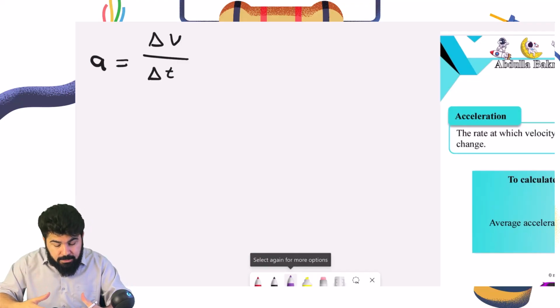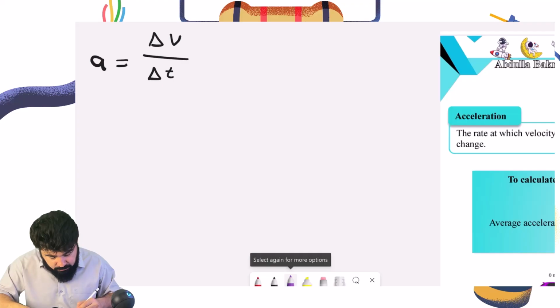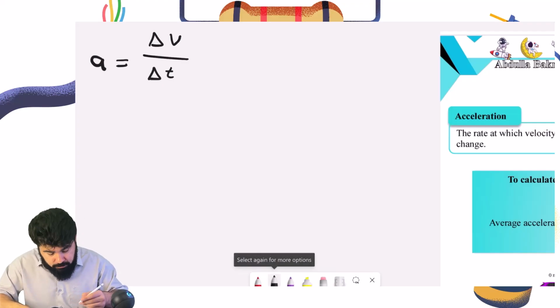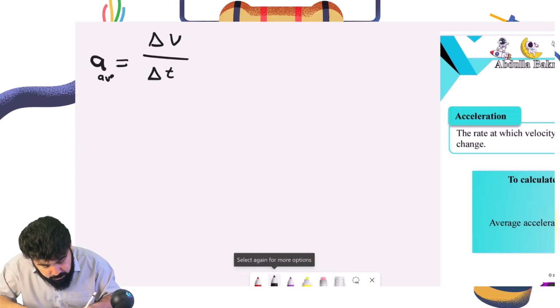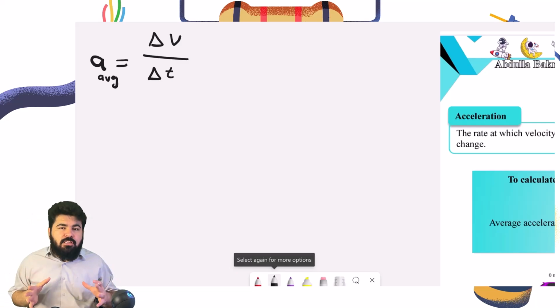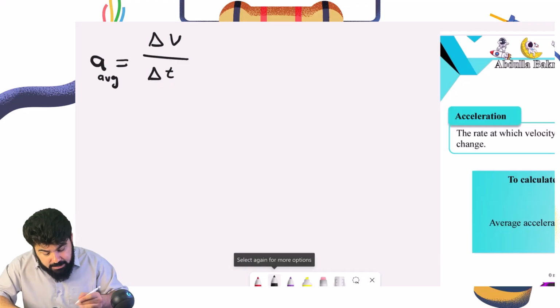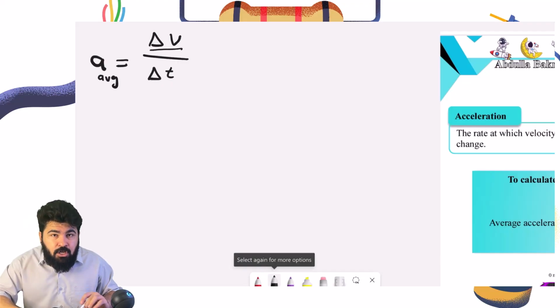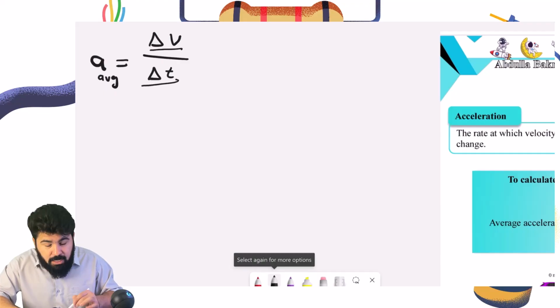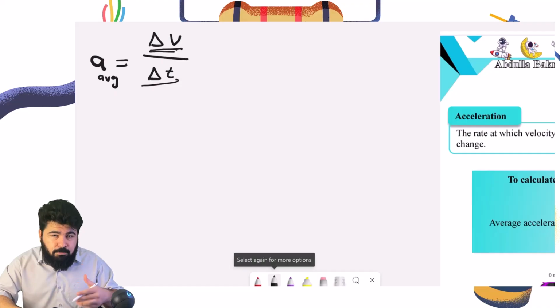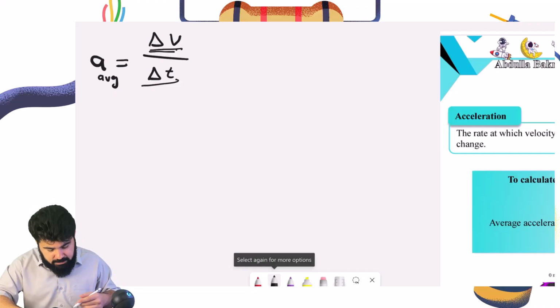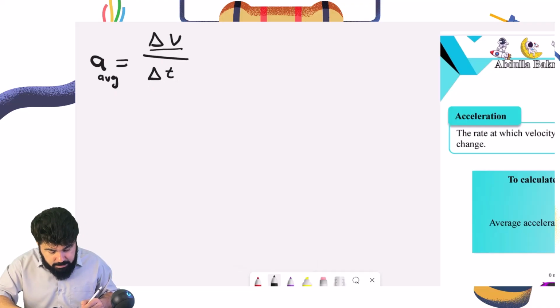Let's learn the definition of acceleration from the equation. By the way, this is average acceleration. We can say acceleration is the change of velocity over time, over a period of time or a time interval. It doesn't matter. As you can see, we can get the definition from the equation very easily.